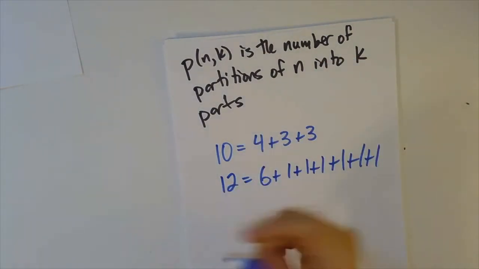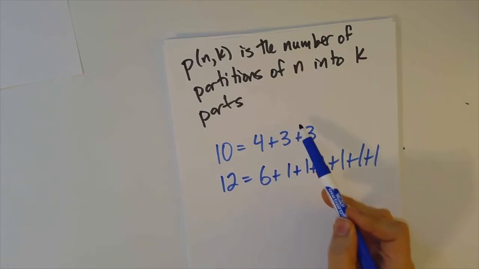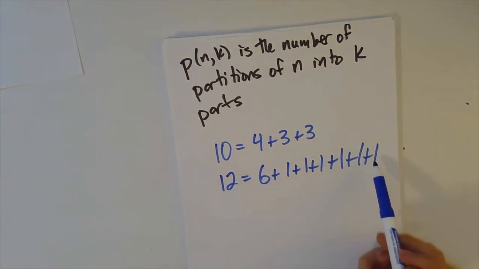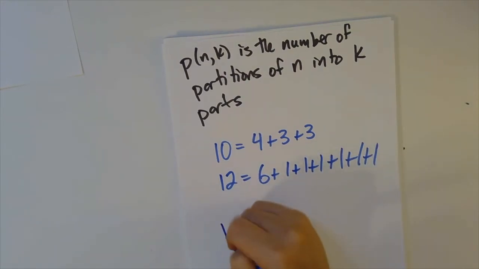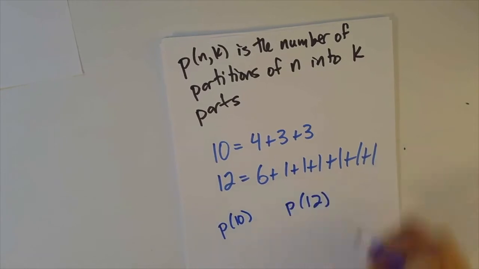So p of 10 was counting all the different ways to do this, and p of 12 was counting all the different ways to do this. And that's little p of 10 and little p of 12 that I'm talking about there.